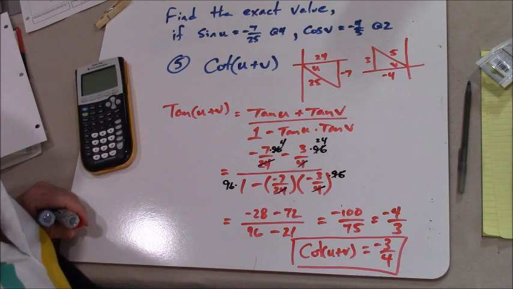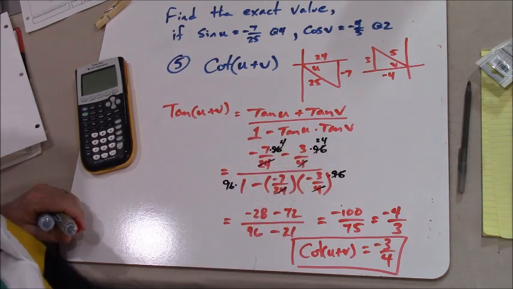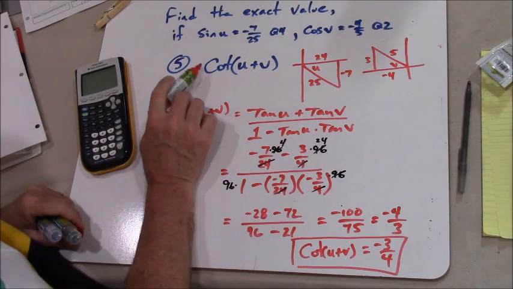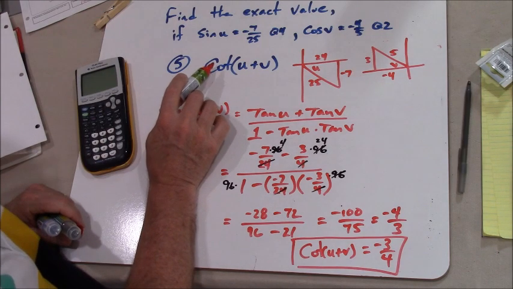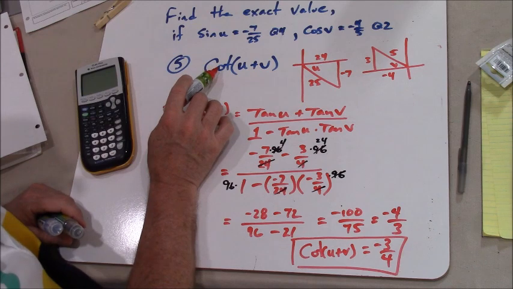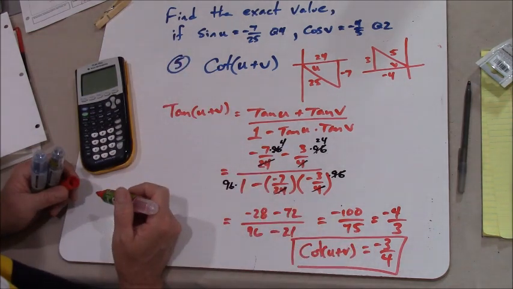Alright, so we're pushing this idea a little bit farther. Work's getting a little more complicated, but nothing real bad. And we can do cotangents and secants and cosecants. We just don't have a sum and difference formula for those. We got to do the ones we know first and flip it over at the end. Okay?